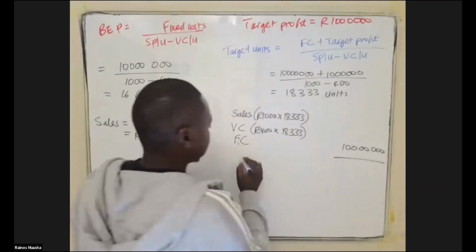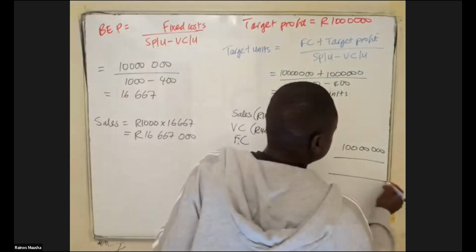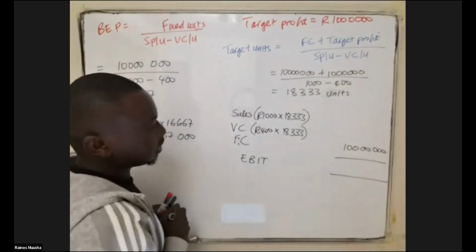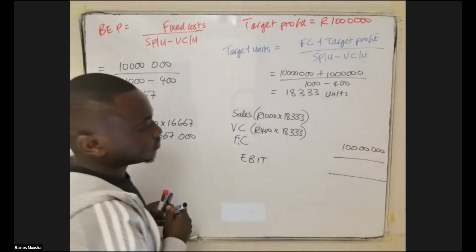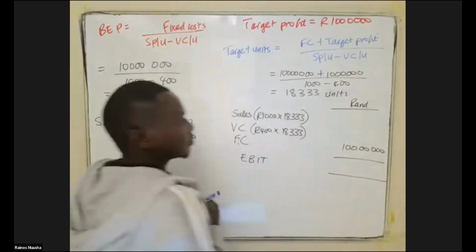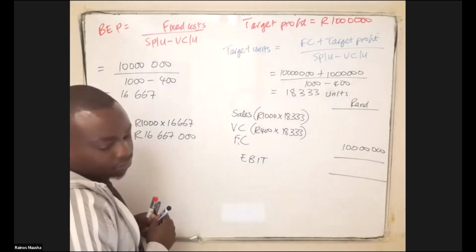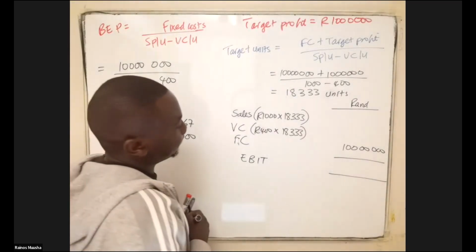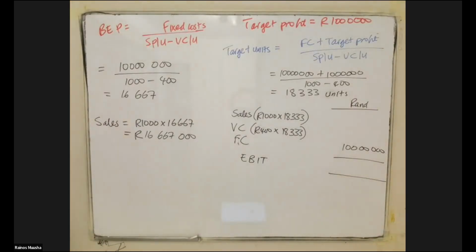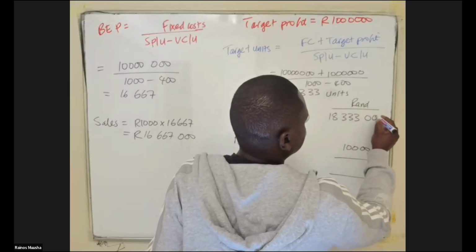So given this, our earnings before interest and tax, which is our target profit, will be equal to how much? So 1,000 times 18,333, how much do you get? 18,333,000.